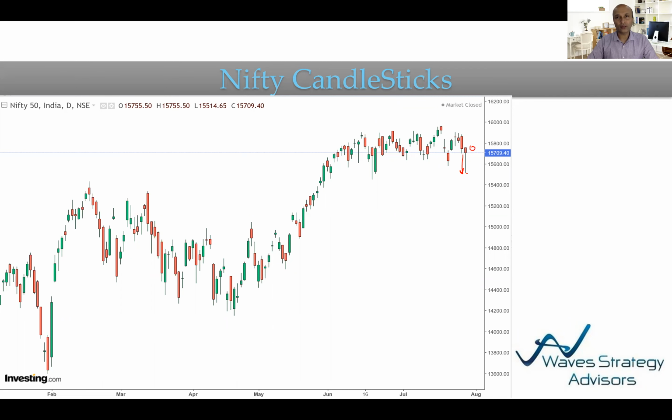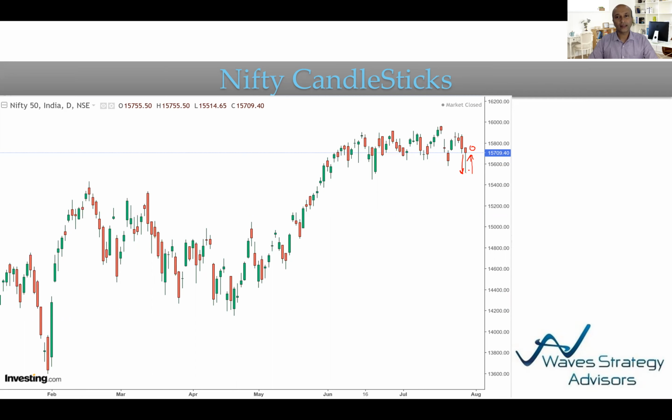After that, the buying started emerging and prices continued to go on the upside and finally managed to close around 15,709 levels. This movement was very volatile. There was a sharp movement, nearly 200 points between the highs and the lows.